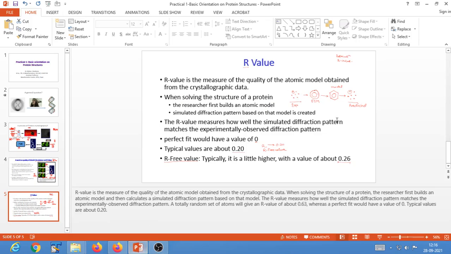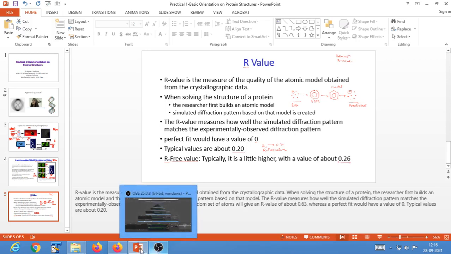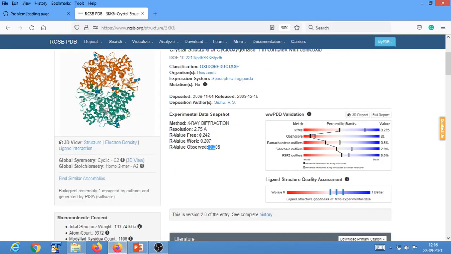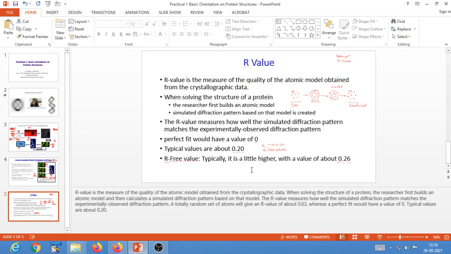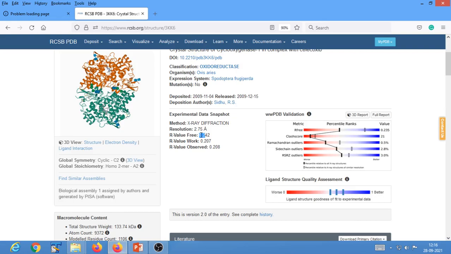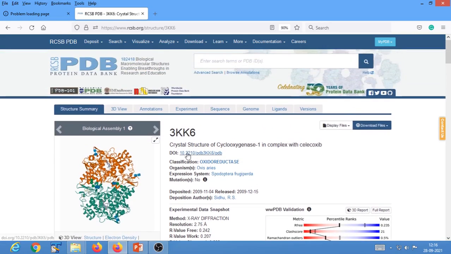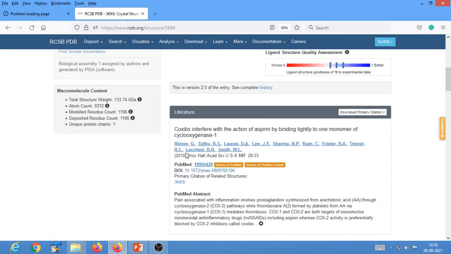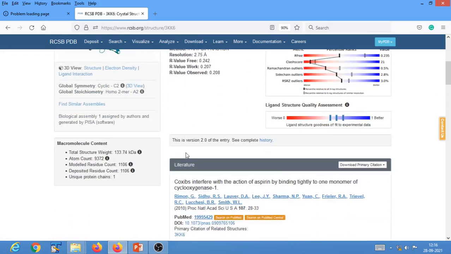It fits very well. The R free value is 0.2. What was our criteria? The R free value should be lower than 0.26. Based on the R free value and resolution, you are supposed to determine the quality of this particular model.